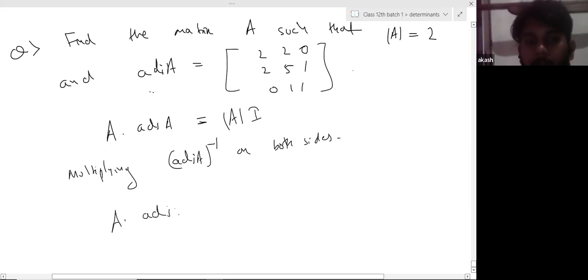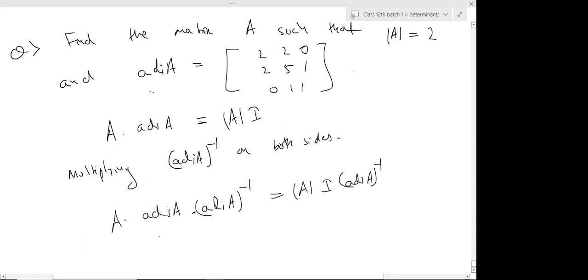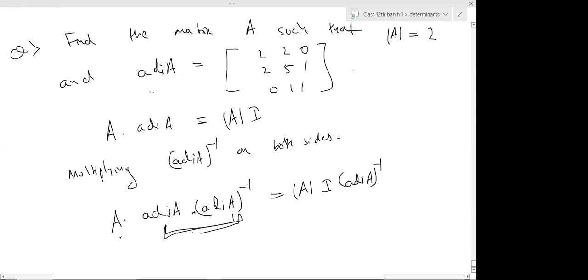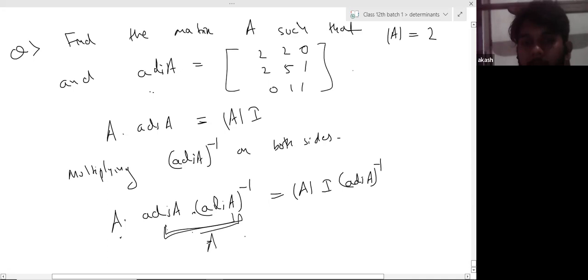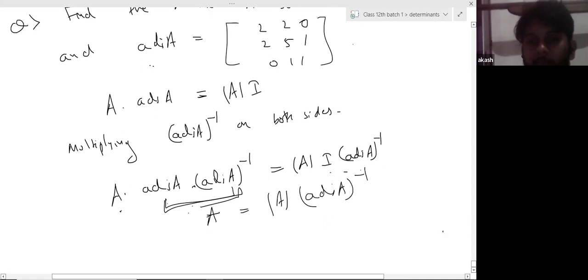A times adjoint of A times adjoint of A inverse is equal to determinant A times I times adjoint of A inverse. This step is clear, everyone? Yes, sir. So this becomes I, and A times I becomes the A matrix. And this is determinant A, and I times adjoint of A inverse is adjoint of A inverse only. So we can find the A matrix like this.